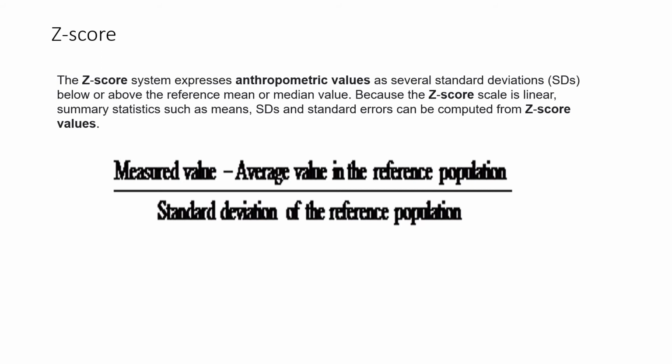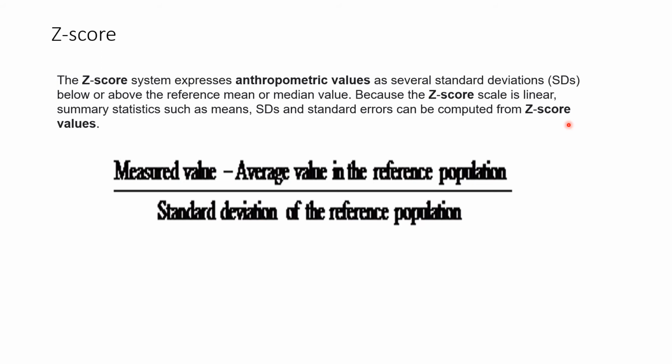Z-score is a system that expresses the anthropometric values as several standard deviations below or above the reference mean or median value. Because the Z-score scale is linear, summary statistics such as means, standard deviations and standard errors can be computed from the Z-score values. That is why it is more accurate.